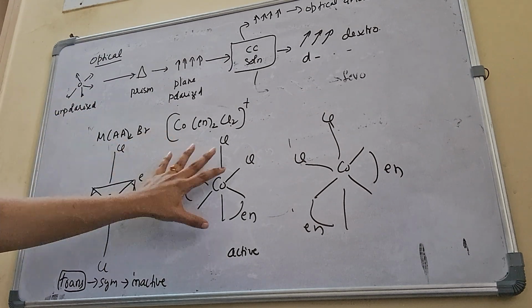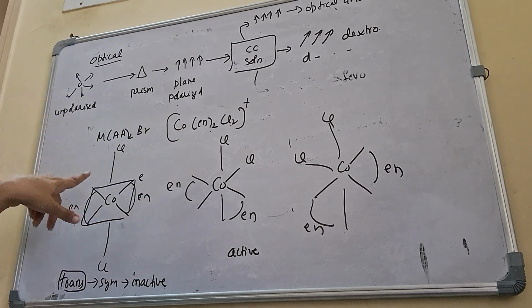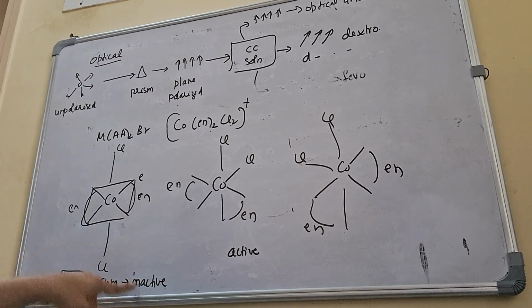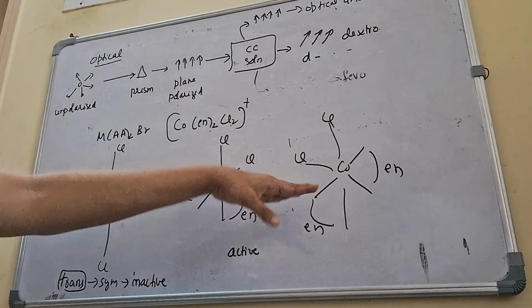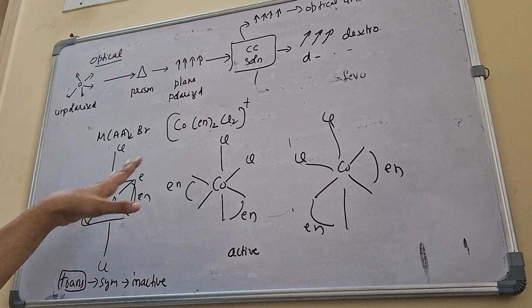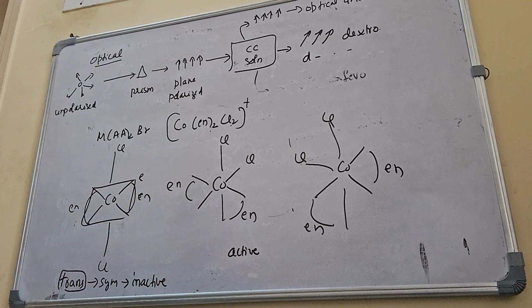So geometrically I will have 2, and if I am talking about optically, this is inactive because it is superimposable. Totally, if I am talking in geometry I have 2, in optical isomers also I have 2. Alright, so that's how you understand isomerism. After this I will be doing the structural isomerism.